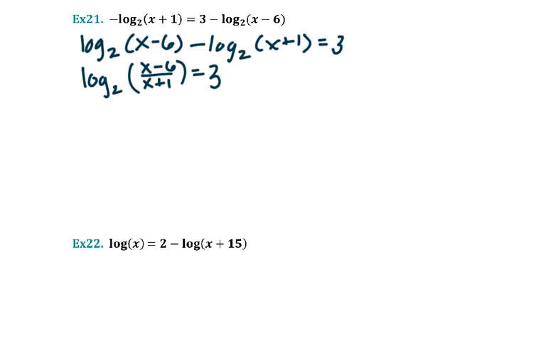So 2 cubed equals x minus 6 over x plus 1. And in an effort to save some space, 2 cubed becomes 8.